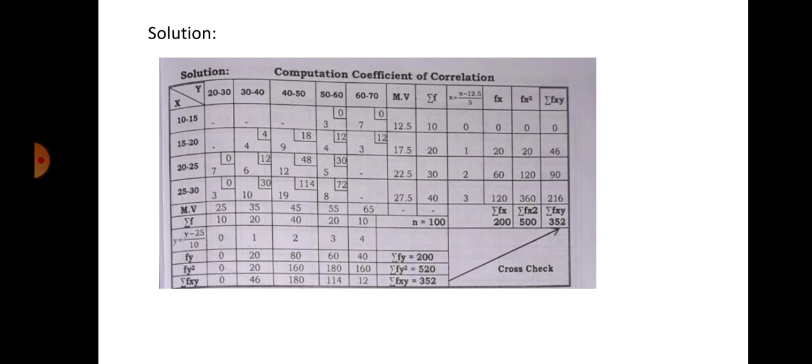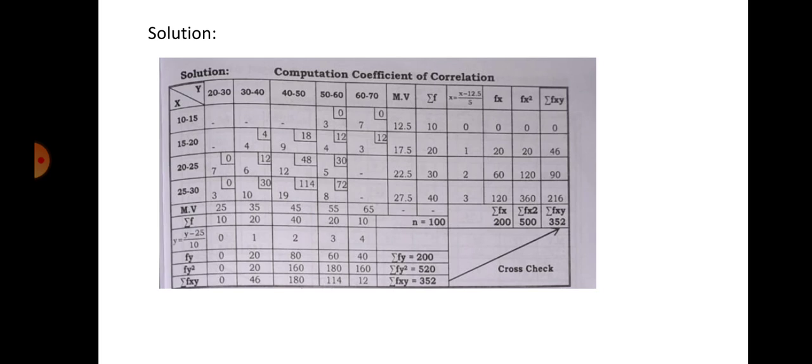Next, 0 into 3 into 0 is 0. Here 0 into 4 into 0, then 7 into 0 into 4. As one of the values is 0, you can even write it directly, but I am explaining each time.